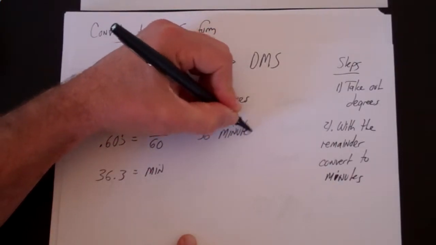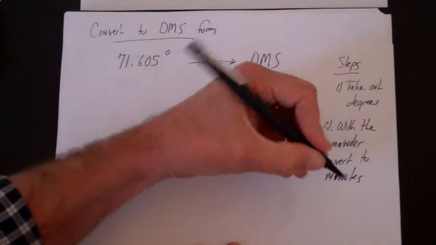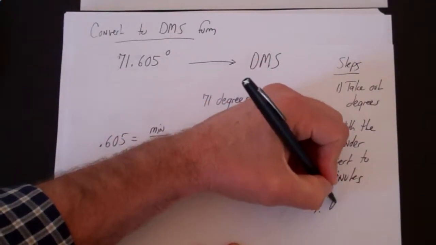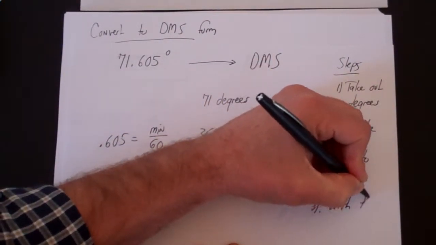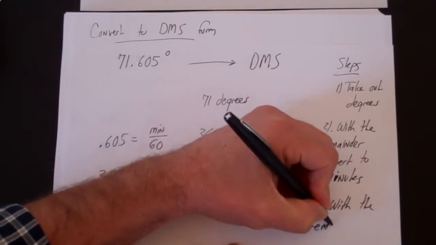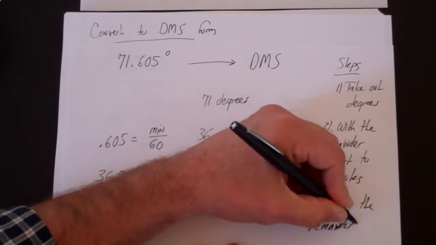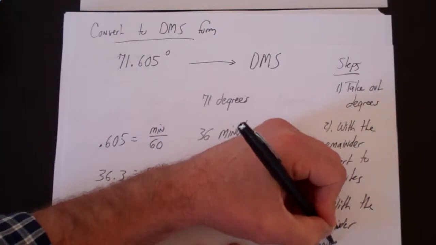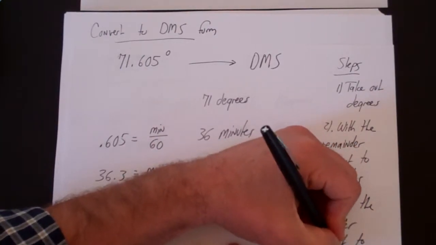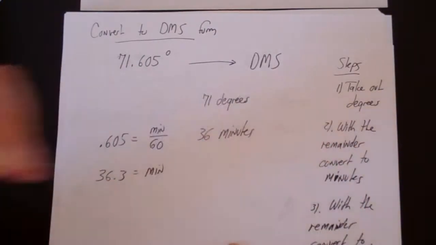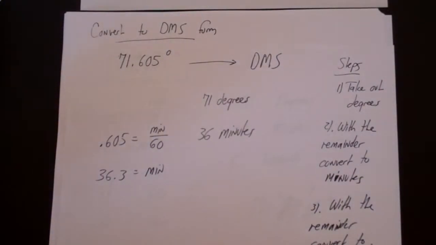Now there's a remainder here. The remainder is 0.3. So what you do is with the remainder, convert to seconds. And usually if we end up having leftovers there, we just leave it as a decimal.